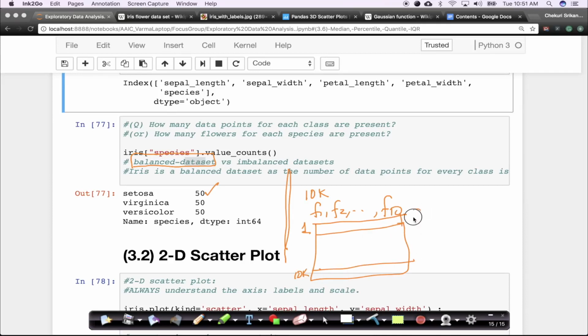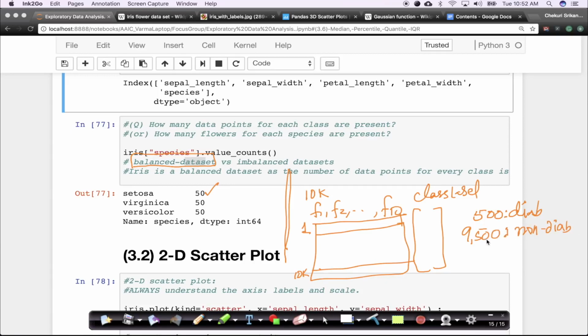Now for each patient, I have a response or a class label which says whether this patient has diabetes or not. Of course, as you would imagine, only a very small set of patients that visit a hospital would have diabetes. So let's assume there are 500 patients out of my 10,000 who have diabetes and 9,500 of them who do not have diabetes. So they are non-diabetic.